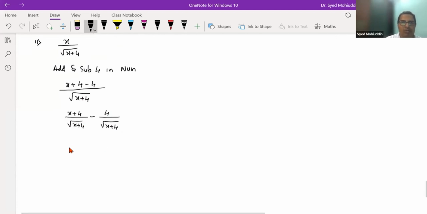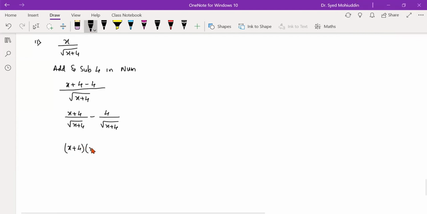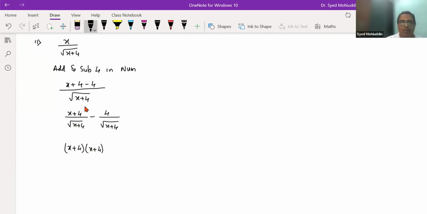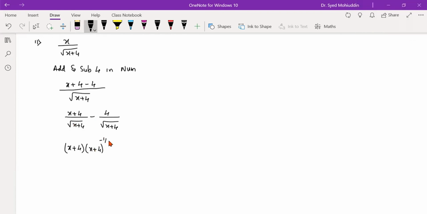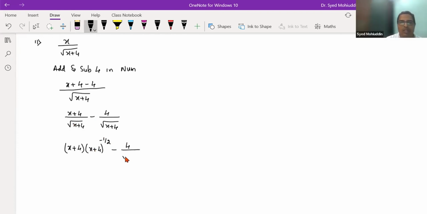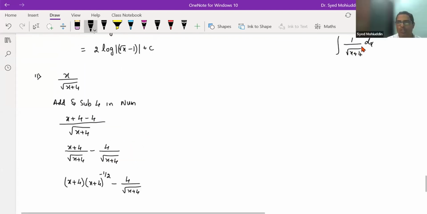Or further, if I try to simplify this one, it is x plus 4, I hope you are comfortable writing directly, x plus 4 with root in the denominator. When root comes in the numerator, it becomes power minus 1 by 2. Minus this value will be 4 by root of x plus 4. So what I have done here is reduce that example into this form. Now 4 is a constant, you can remove it outside and you can integrate it.